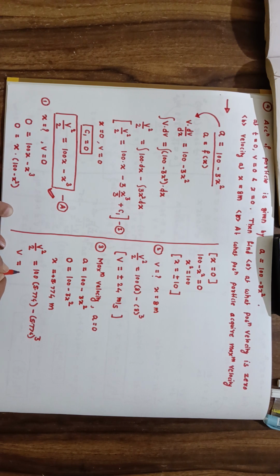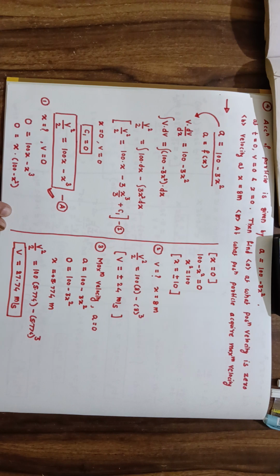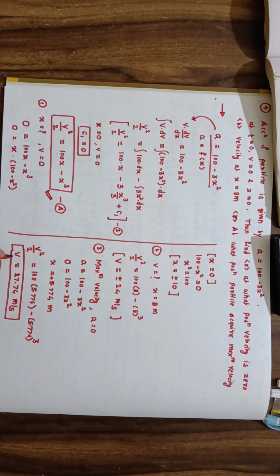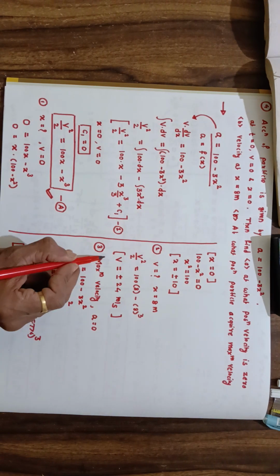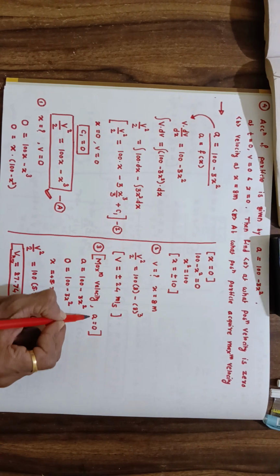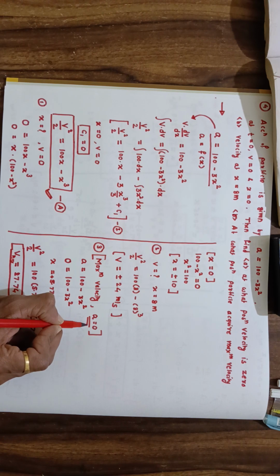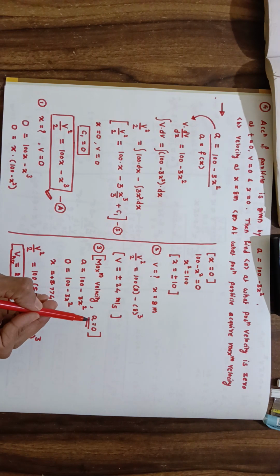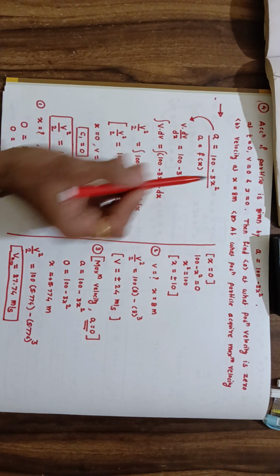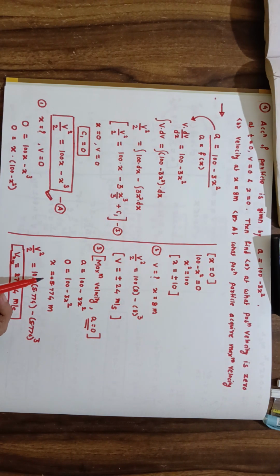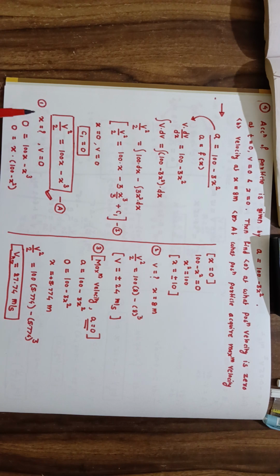So v is 27.74 meter per second. Okay, so this is the maximum velocity, v max. The condition is, for maximum velocity, the acceleration of the particle will be 0. So put the value of acceleration 0 in the given equation of acceleration, from this find x, and then from x find the velocity.